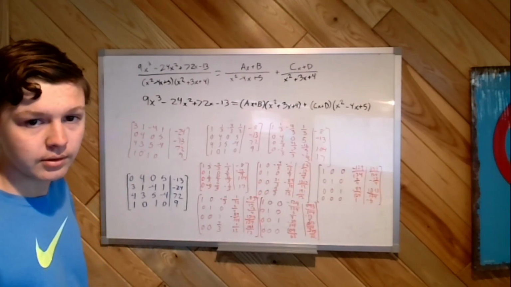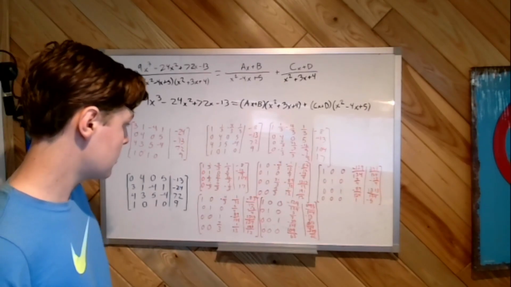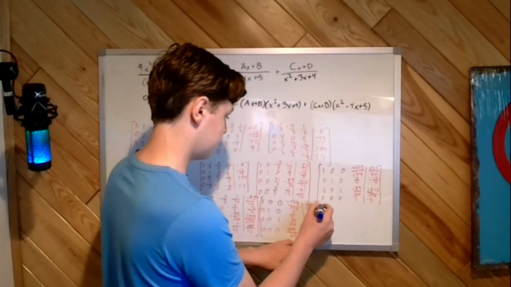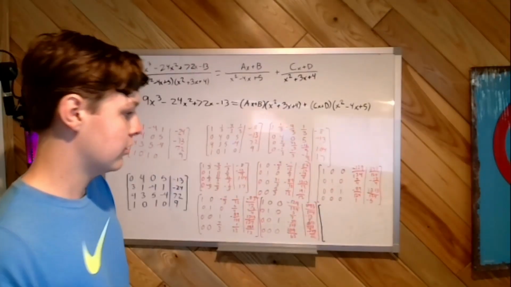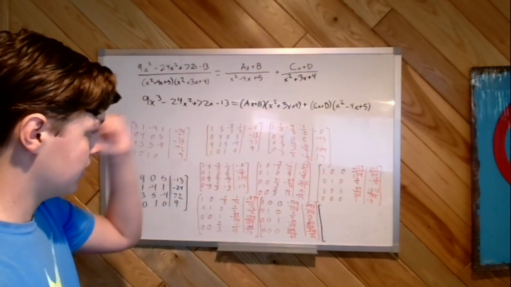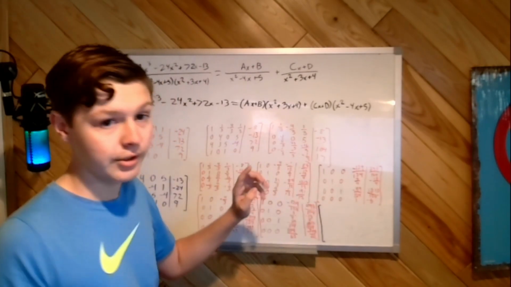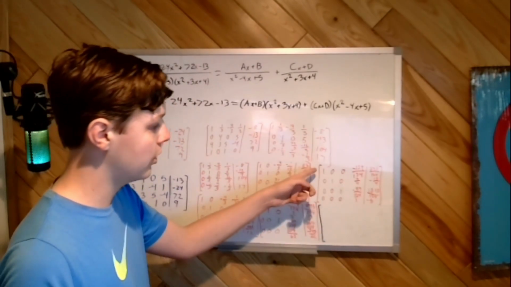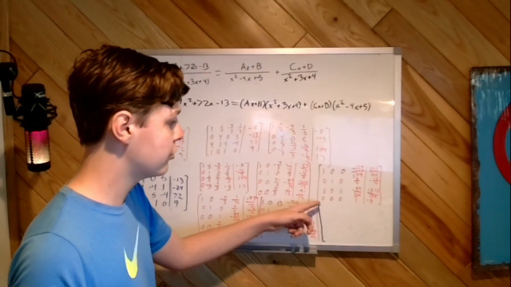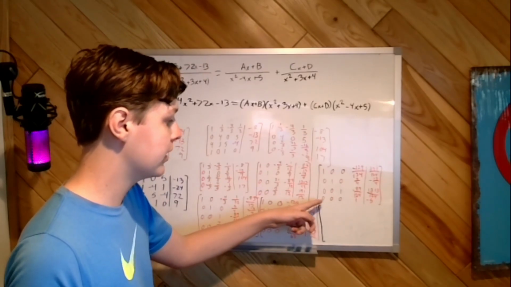So our first step is to do R1 plus 124 over 129 times R4.